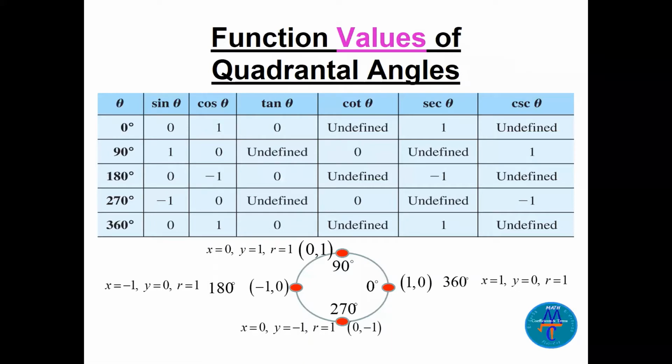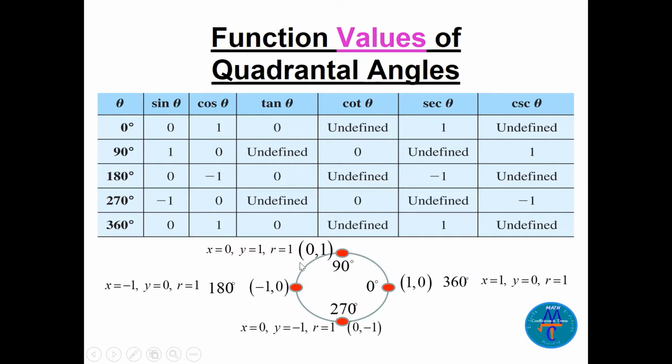Now in this slide, we see function values of quadrantal angles. These are special angles. We call them quadrantal: 0 degrees, 90, 180, 270, 360. So you have to know the 6 functions, sine, cosine, tan, cotan, secant, cosecant, of these quadrantal angles. You can either use this table, you can just review it, or there's another easy way.